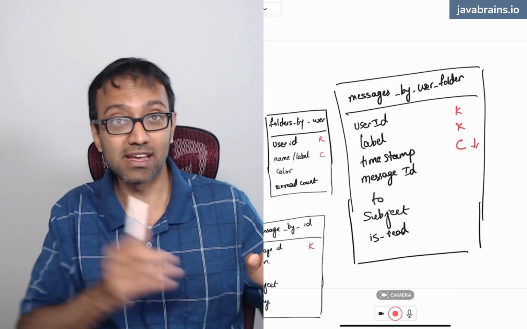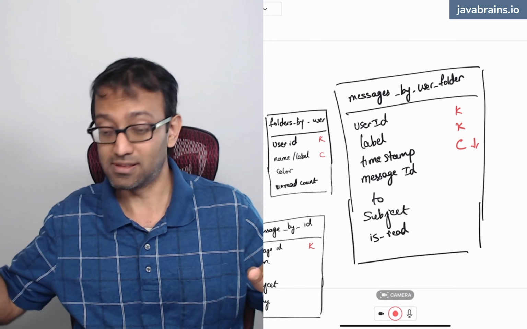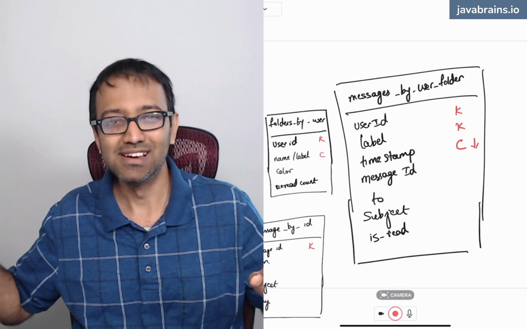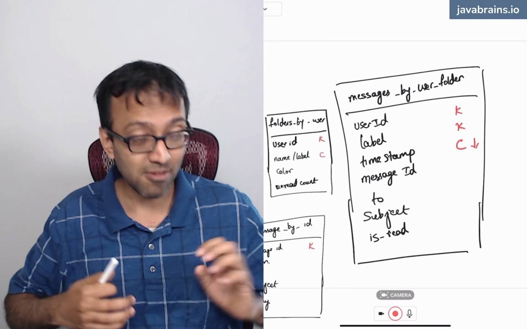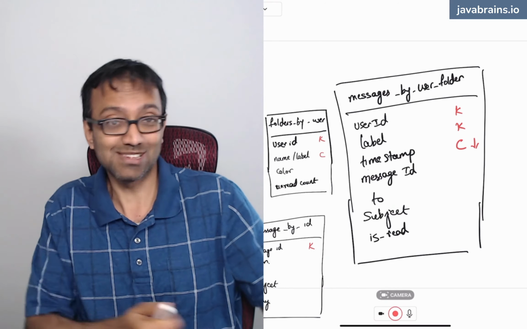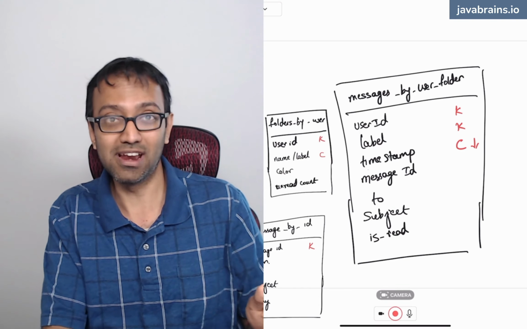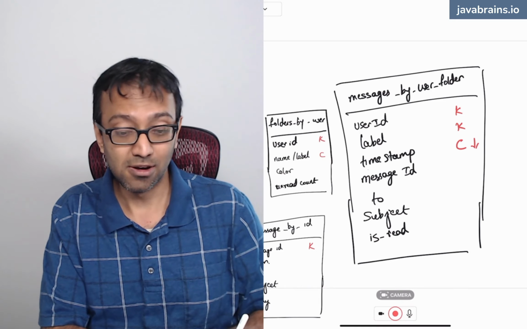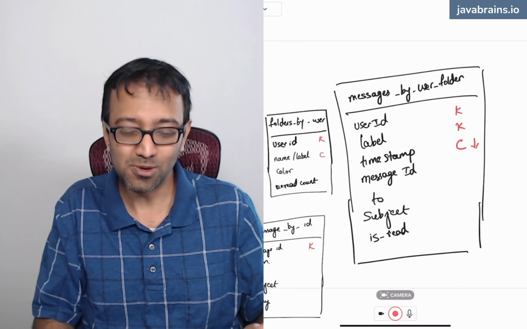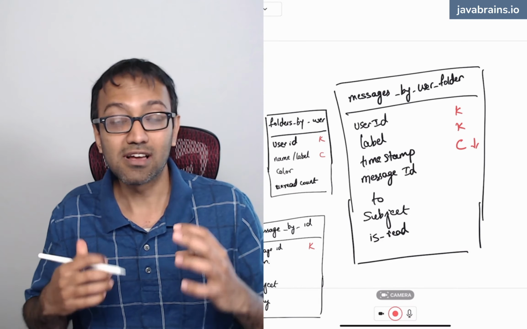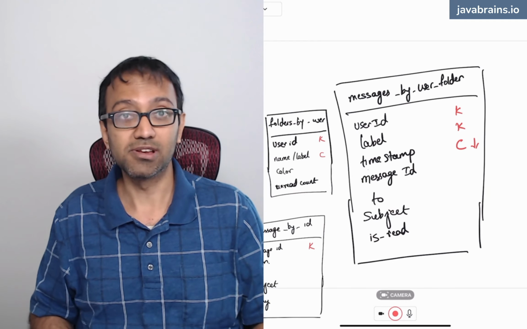And by the time I'm writing it, the same user has read another email, right? Now I'm going to go update this. Now things are not the same anymore. The same unread count is not applicable anymore. It has to reduce by 1 more. So that's going to be a problem, right? How do I do this? How do I manage counters in a distributed database?